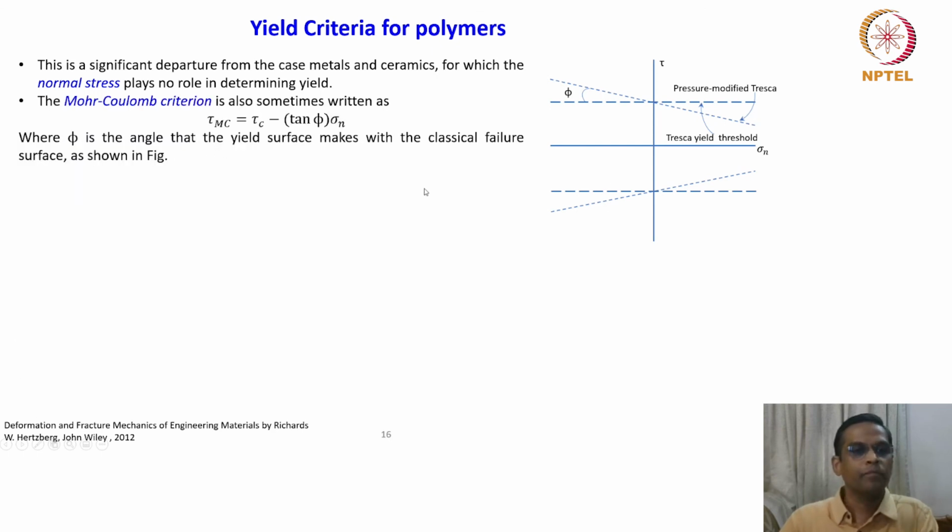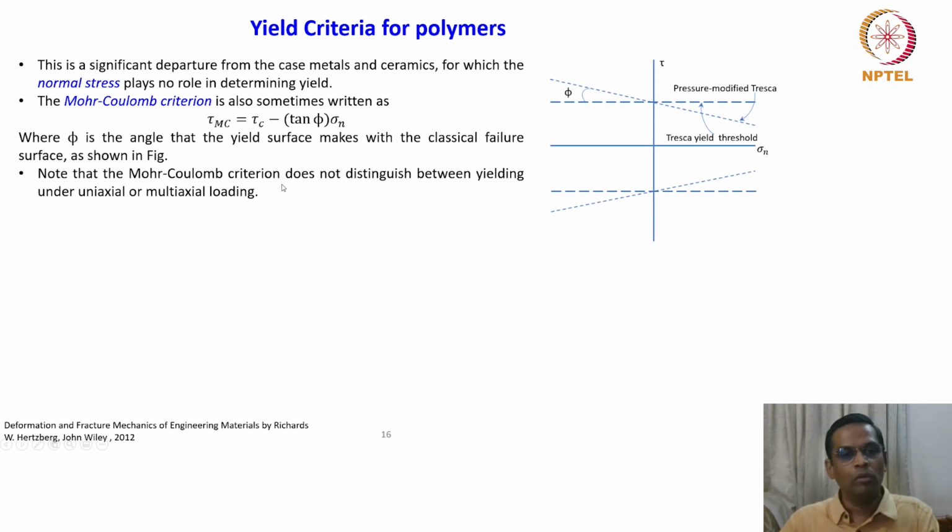So the Mohr-Coulomb criterion is also sometimes written as tau MC is equal to tau c minus tan phi times sigma n, where phi is the angle that the yield surface makes with the classical failure surface, as shown in the figure.